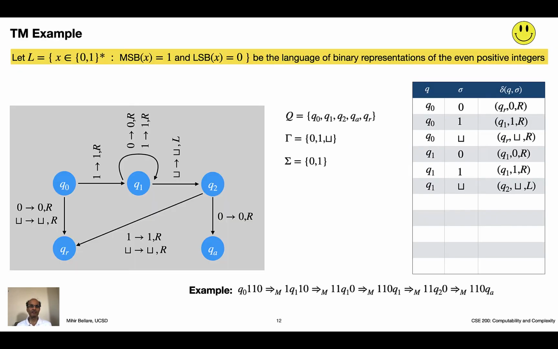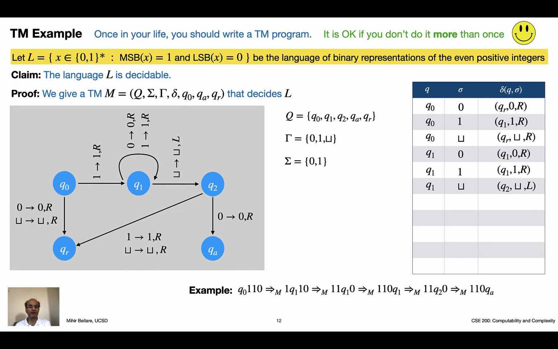Okay, we'll refer to these as needed. Okay, finally, let's try to design a Turing machine. Now, this is not something you maybe are going to do a lot, but somehow I think it's nice if once in your life you actually write a Turing machine program.